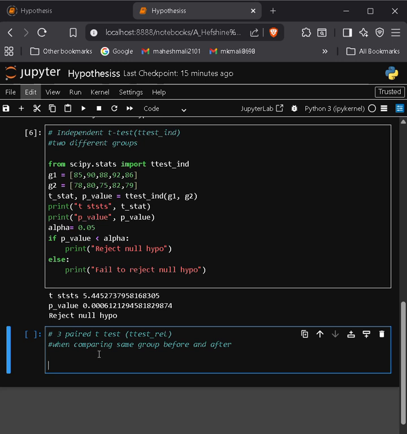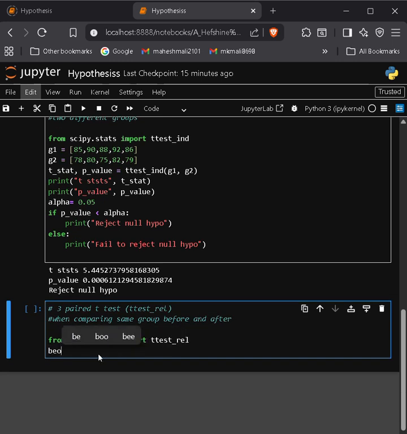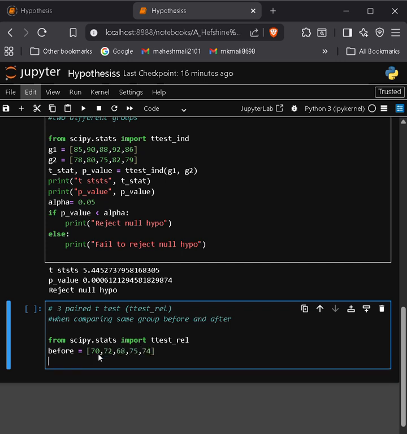You see it practically. Import ttest_rel, where rel means related. Before marks 70, 68, 75, 74, and after training 75, 78, 73, 80, 79.